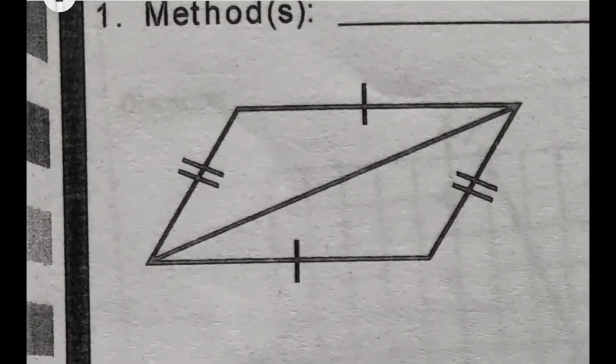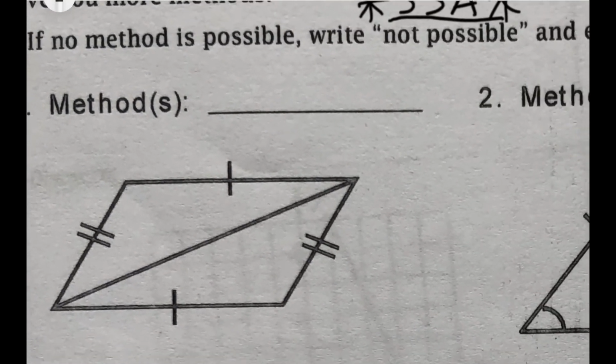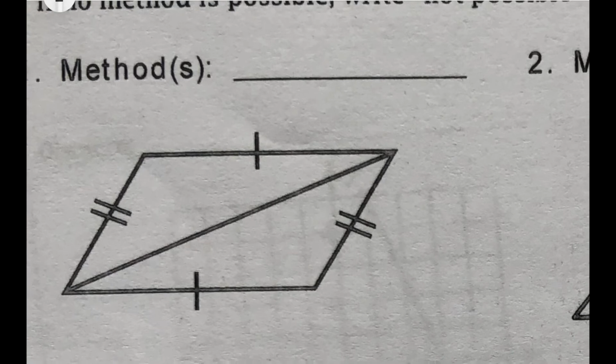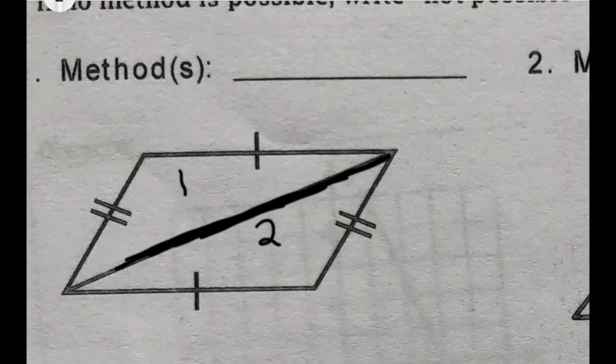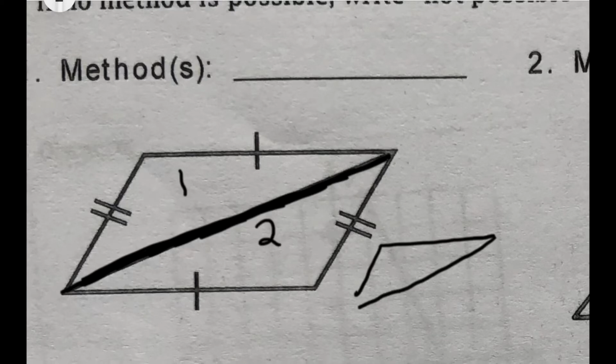So for looking at number 1, well, do you agree if I separated triangle 1 and triangle 2 that the lines that made up this line in the original figure would have to be the same length? Hopefully, yes. So this is triangle 1 and this is triangle 2.